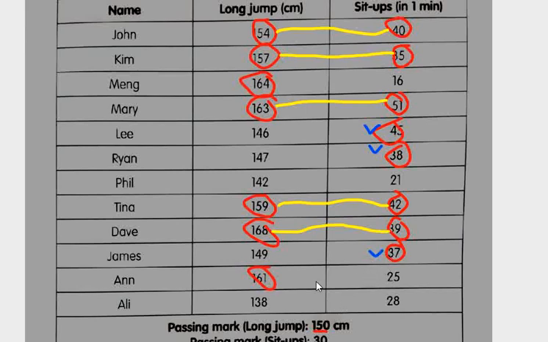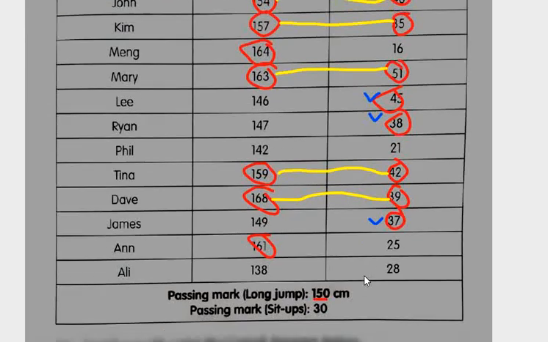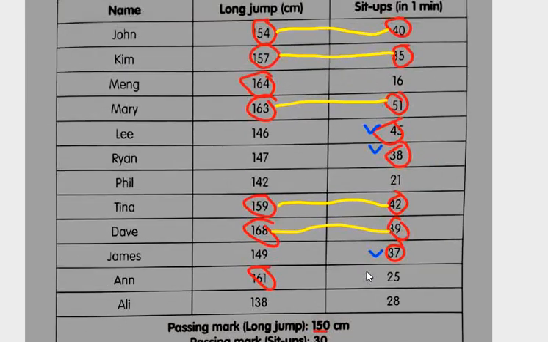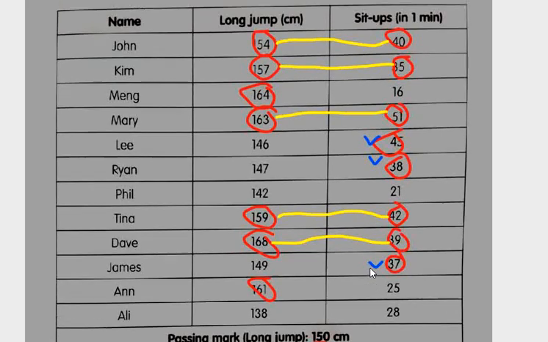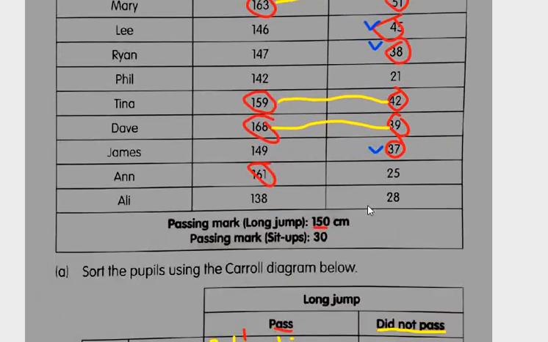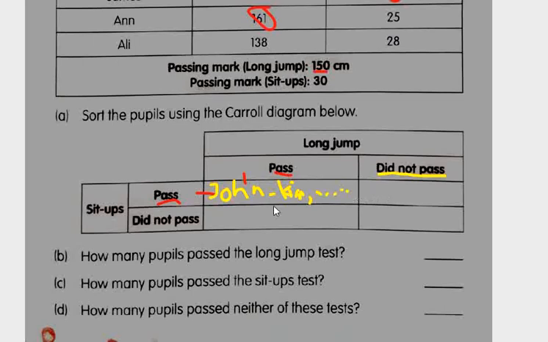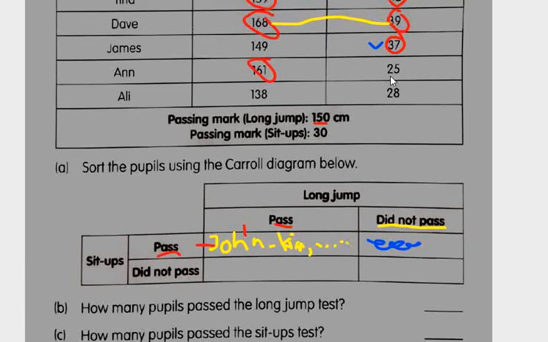How about N? Why didn't we mark it? Because she didn't pass sit-ups, right? Because we have to mark here those who have passed sit-ups, and N didn't pass sit-ups, sadly.